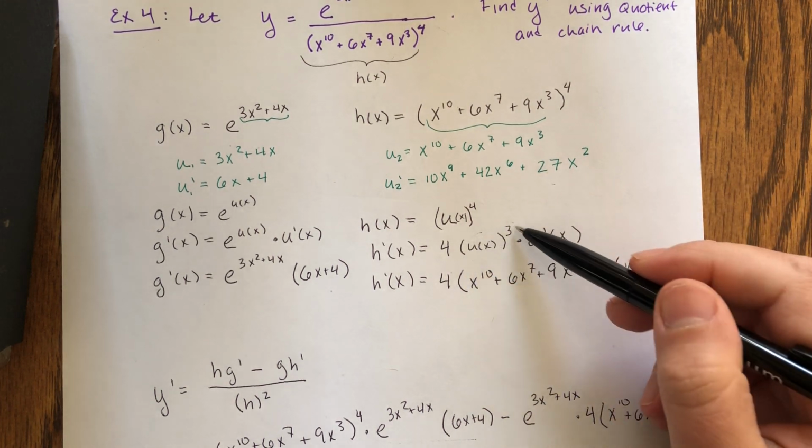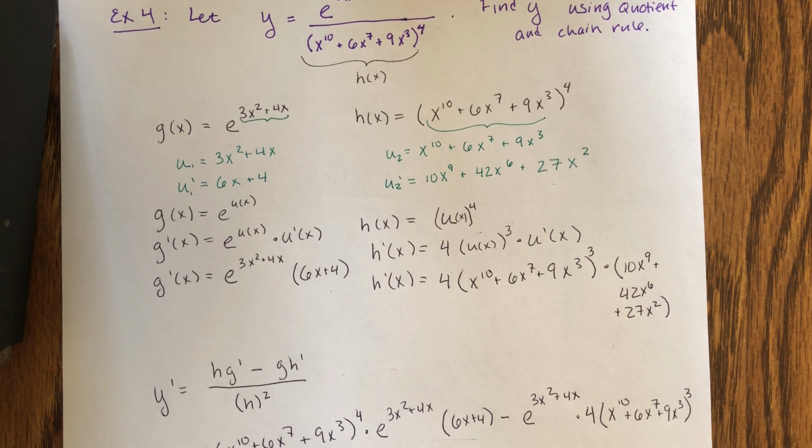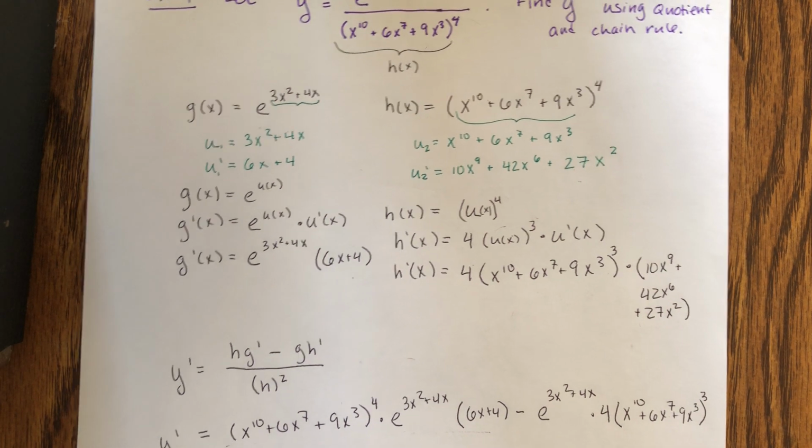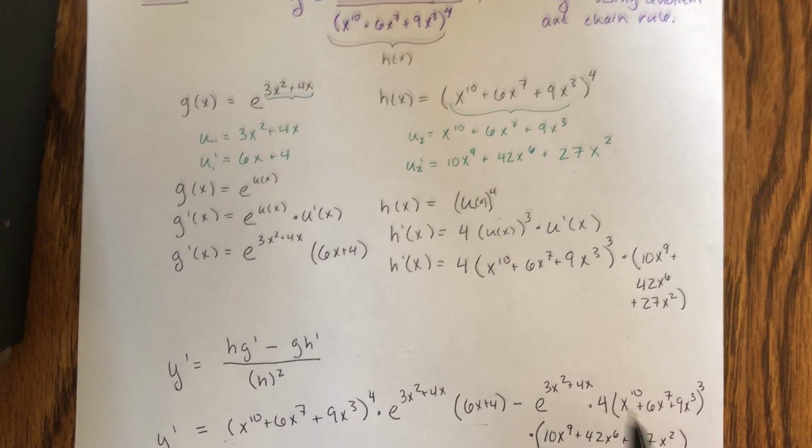I should have raised this u of x function to the 3rd power. So there should be a 3 here. Okay, fix that, and then we multiply by 10x to the 9th plus 42x to the 6th plus 27x squared. Oof.